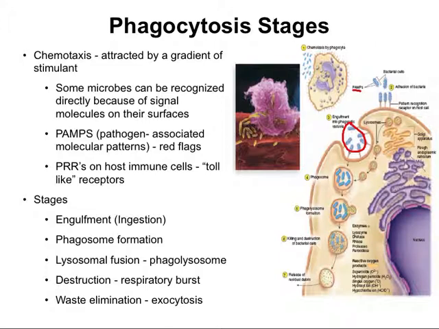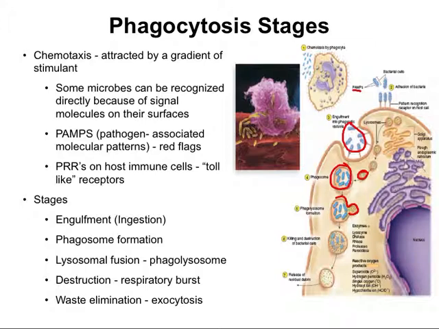So once we've engulfed the whole thing, formation of a phagosome occurs. And then there are lysosomes. You'll recall that all the lysosomes in the cell contain degrading chemicals. They're sort of like the recyclers in the community of the cell. These lysosomes will then fuse with the phagosome to form a phagolysosome.